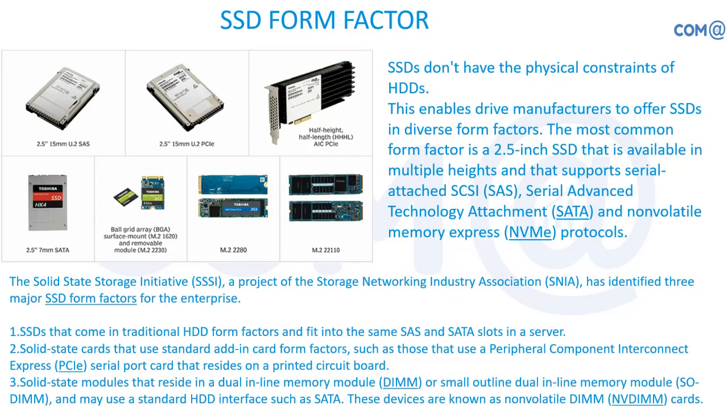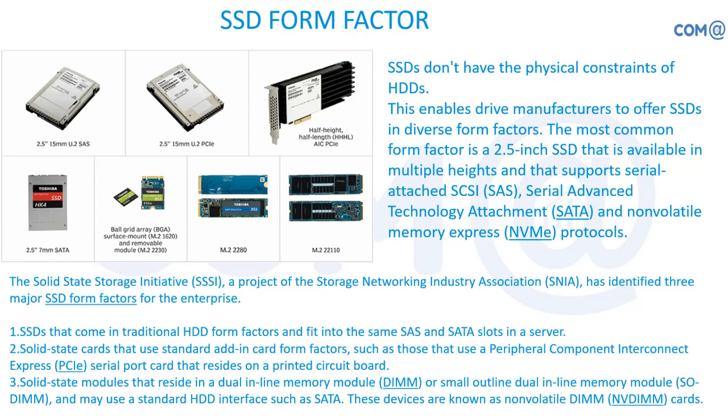Now the form factor. Unlike previous hard drives, there are no restricted form factors for SSD. This is helping manufacturers produce hard drives with very good capacity. There are different sizes available, and with the help of SSD, we are able to store more data while occupying less physical space.